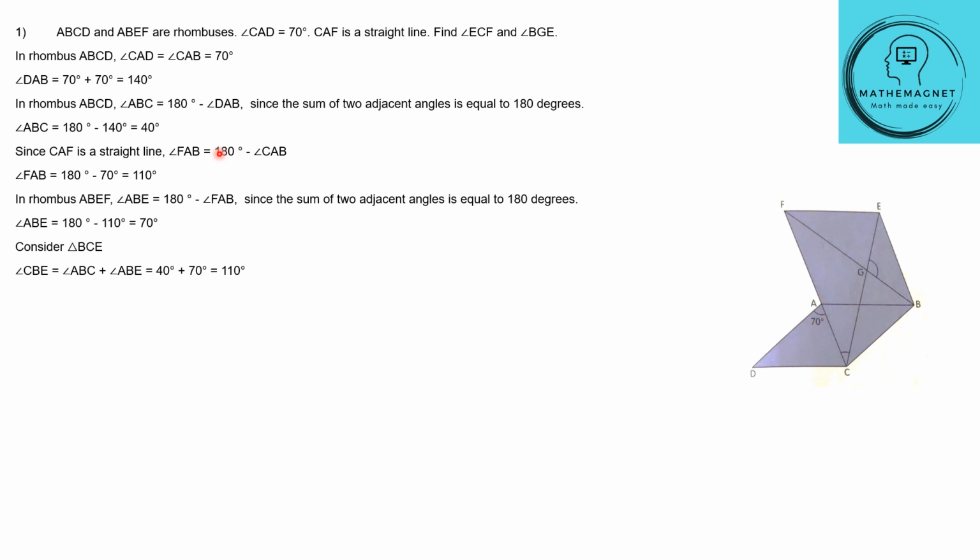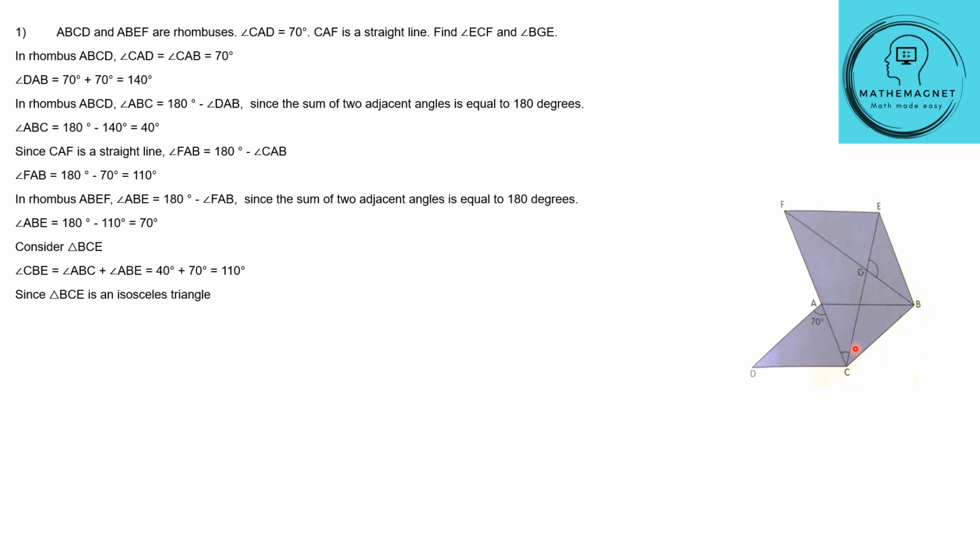Now what we need to keep in mind is that the sides of these two rhombuses, ABCD and ABEF, are all the same. In a rhombus all four sides are equal, and since both rhombuses share one side, all the sides of both rhombuses are equal. This means in triangle BCE two sides measure the same, so it's an isosceles triangle, and the angles opposite the two equal sides are equal.